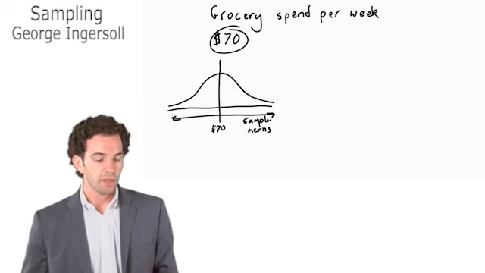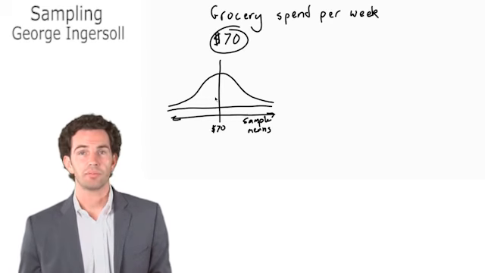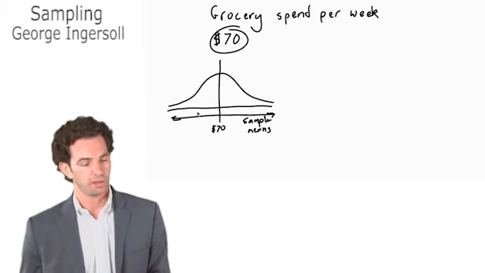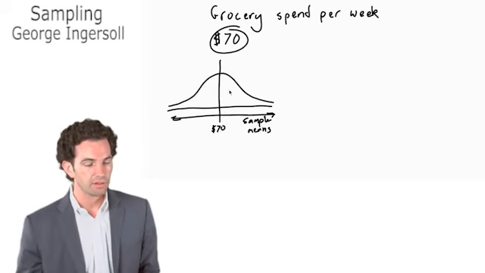In other words, most of those samples of 100 people each would have an average that's pretty close to 70. There'd be a few outliers higher than 70 and a few significantly lower, but mostly they'd be around 70.